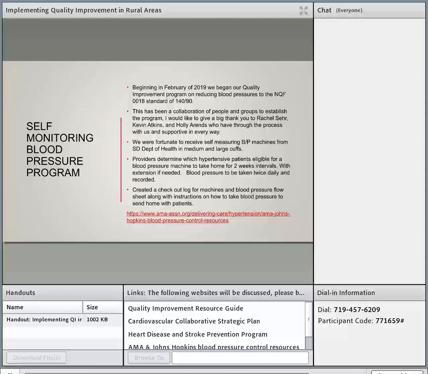There's a website at the bottom which we utilized to create our instruction sheet of how to take the blood pressure that we want to send home with the patients. And we've created a logout for our machines and our blood pressure flow sheets that go along with the patient.